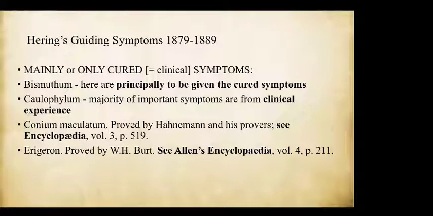How do we know that for sure? Because in the introduction to the remedies, it tells where the acute symptoms can be found. It says that on the Bismuthum, it says that on the Colophyllum, it says that on the Conium, it says that on the Erigeron. So he doesn't bother to put the proving symptoms in his own Guiding Symptoms because they're already somewhere else. So why would he repeat that?